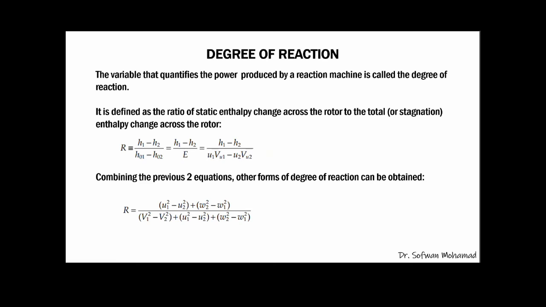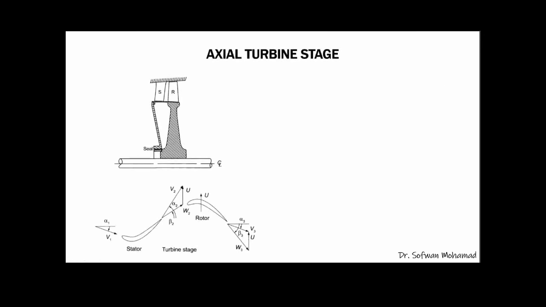All right, so next we want to look into the axial reaction turbine. This is the stage of an axial reaction turbine, which consists of a static part, or stator, and a rotor.